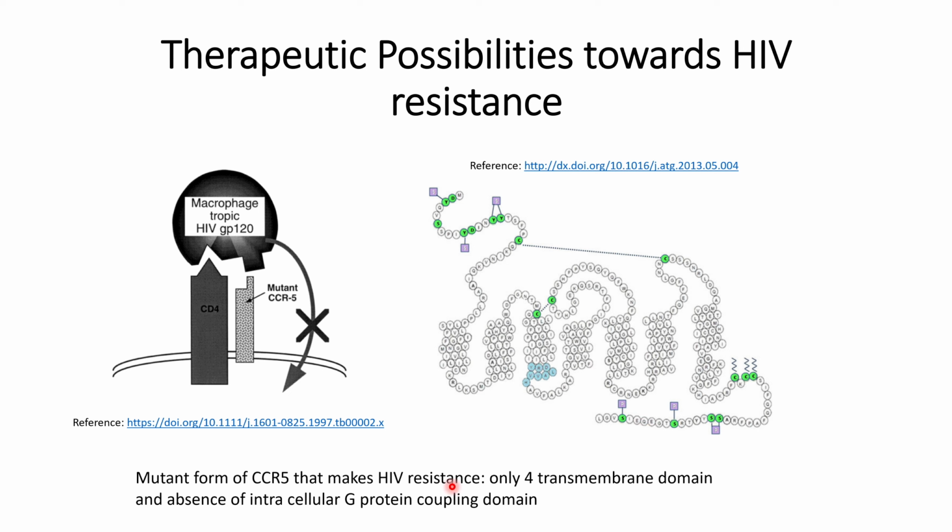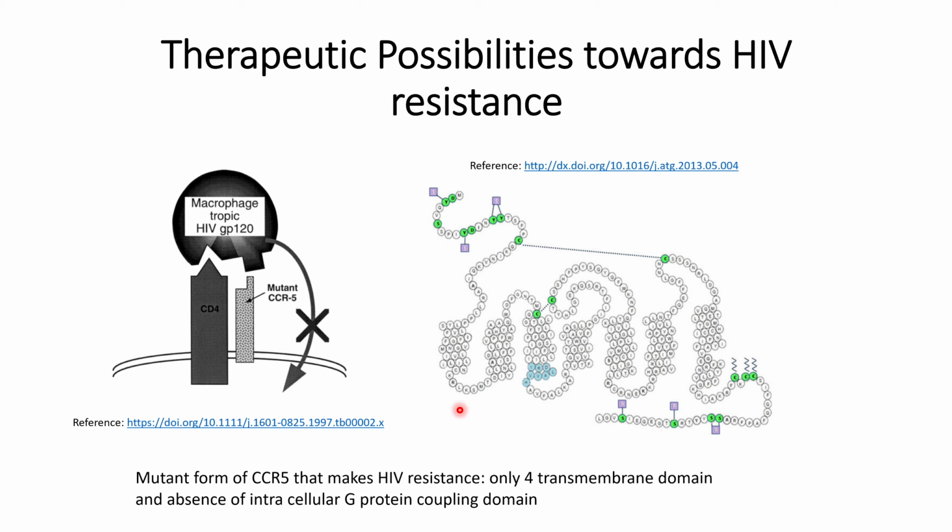In the mutation that scientists are suggesting, the CCR5 has only 4 transmembrane domains and this intracellular G protein coupled domain is also absent, and then people might become HIV resistant.